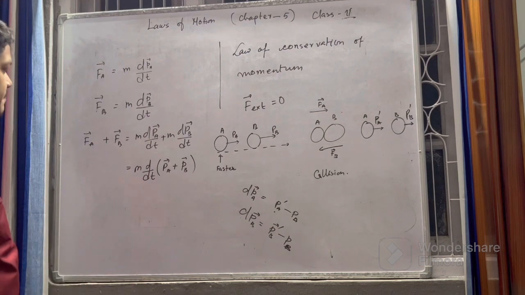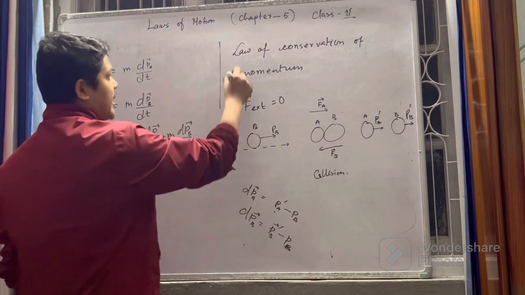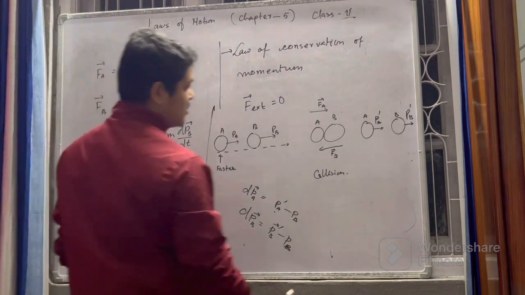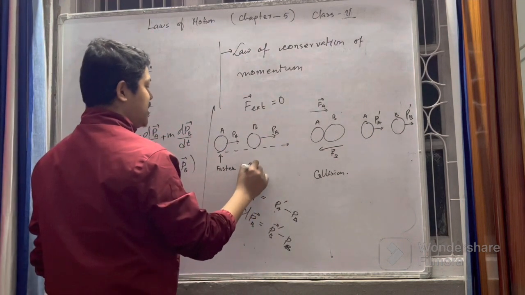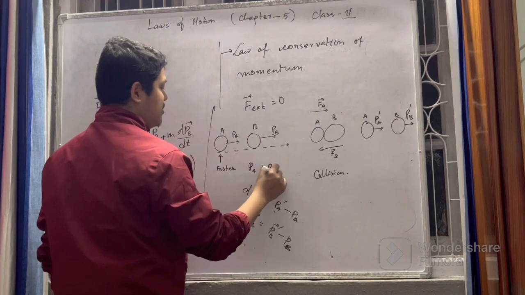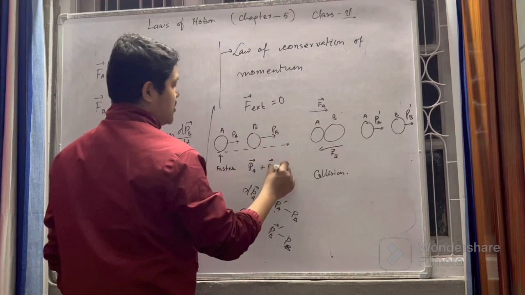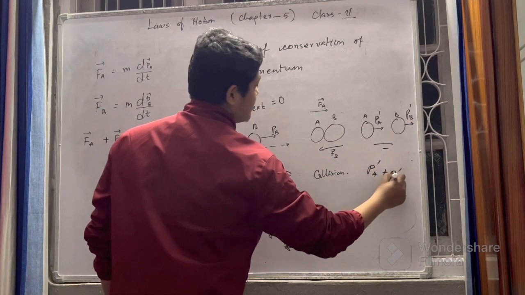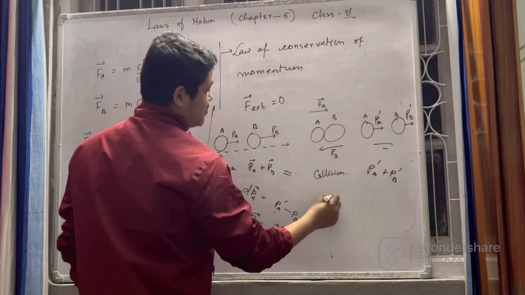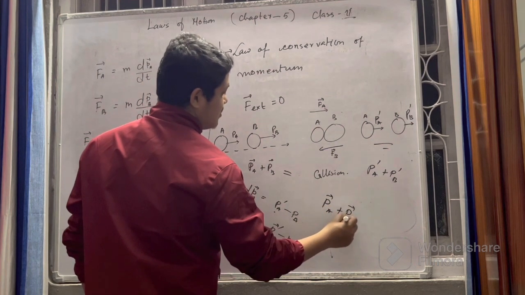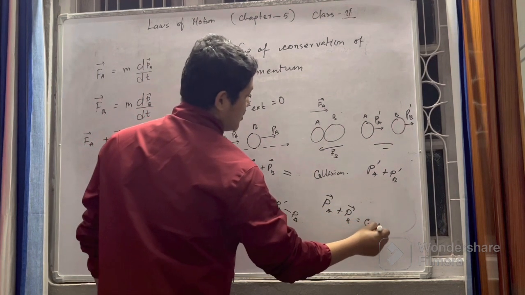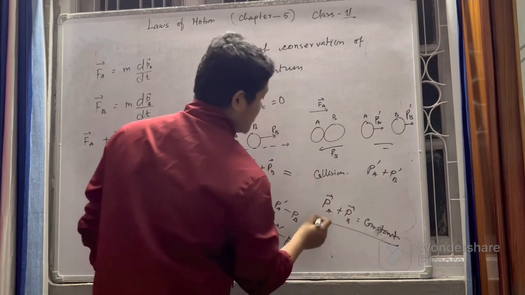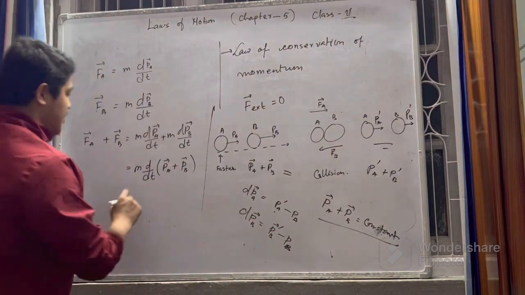Now look at this. According to this law of conservation of momentum, total momentum before collision, PA plus PB, is equal to total momentum after collision, that is P dash A plus P dash B. So that means you can say PA plus PB is equal to constant, right?